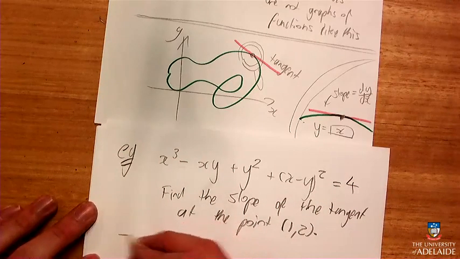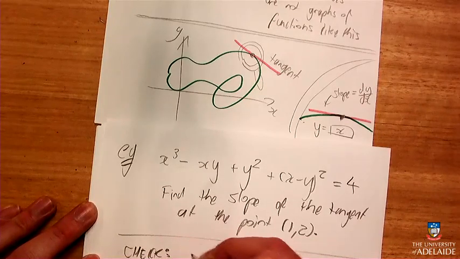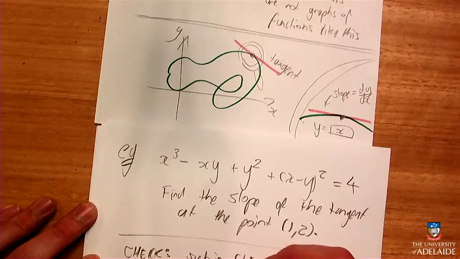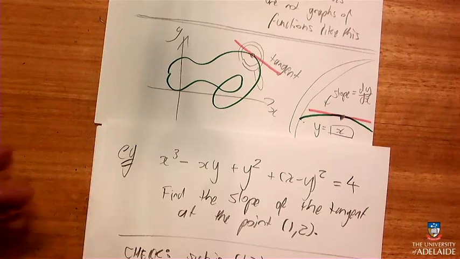So I'm just going to check something. 1, 2. And so we have 1 cubed minus 1 times 2 plus 2 squared plus 1 minus 2 squared is indeed 4. So yes, 1, 2 is on the curve, which is the whole point of this equation.